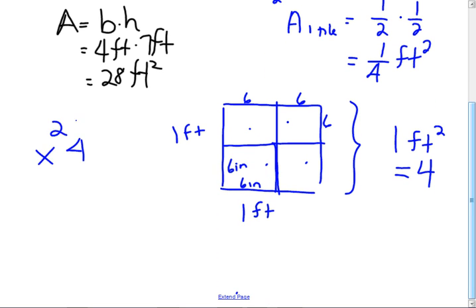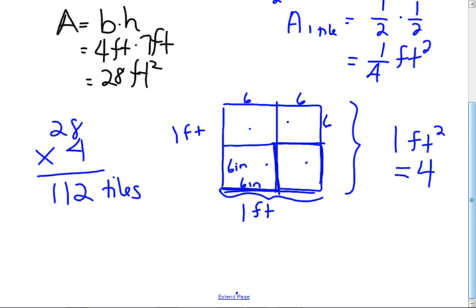So you should get 112. And answer only will not work, because the units are not feet. The units have to be the same. I either change that to square inches or I change that to square feet. They have to be the same. So since the 6 inches is 1/2 of a foot, I can put a tile here and a tile here. That gives me 1 foot on this side.